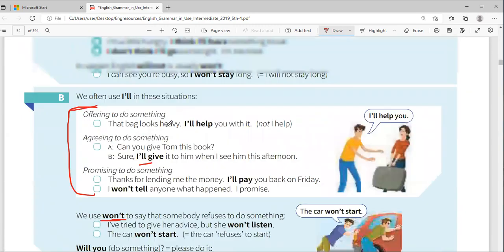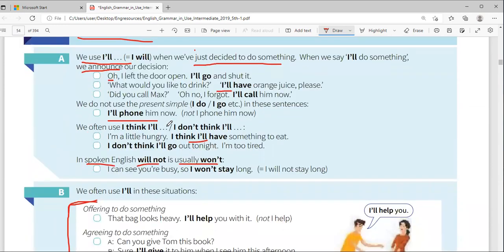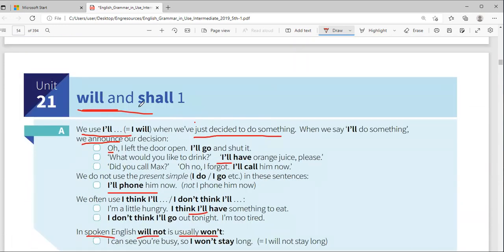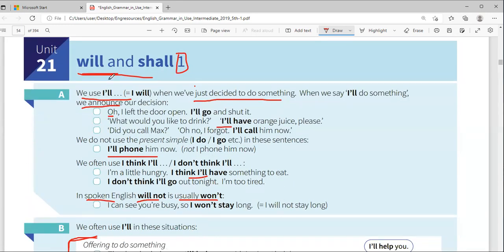So in summary, what have we talked about today? We've talked about the use of will. Remember, this is the first topic, introduction of will and shall. We've said that we use will only to announce our decision. For anything else that was planned, maybe a few days ago, we use the present continuous for the future. It is planned, the decision is set.